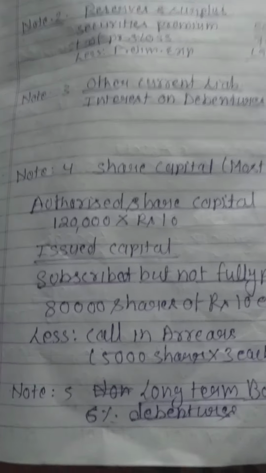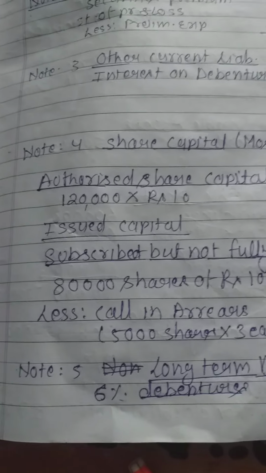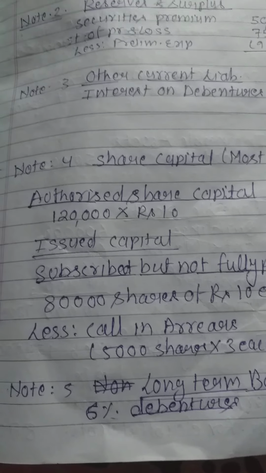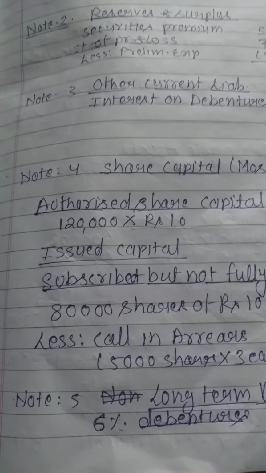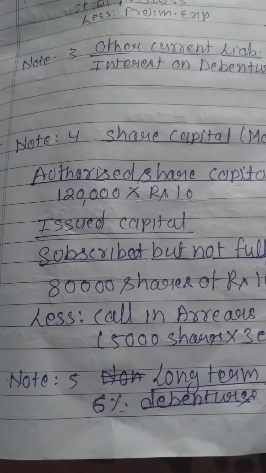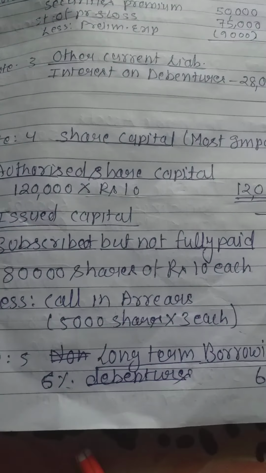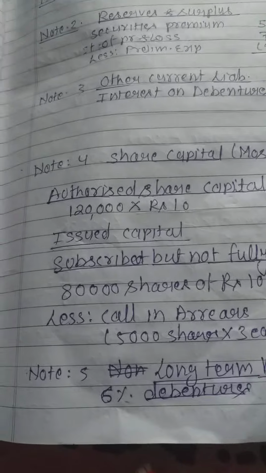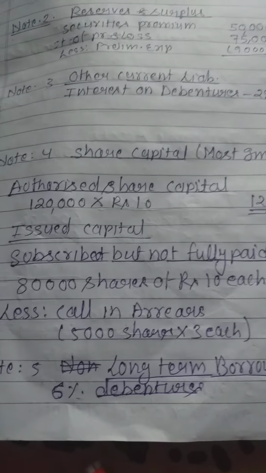And one thing I want to clarify, that there's a mass for share capital always. So it is very necessary to write each and every heading of the share capital, like authorized share capital, issued capital, subscribed but not fully paid up, or subscribed and fully paid up, if given in the question.